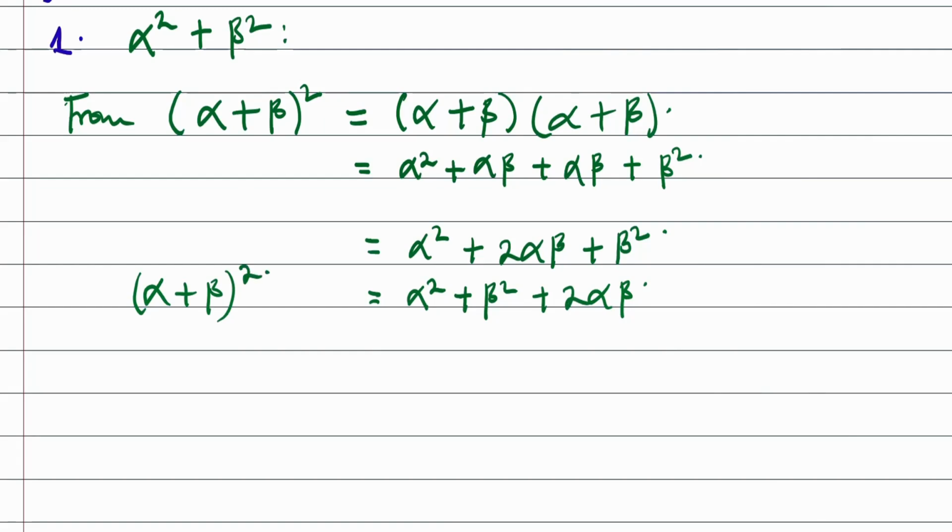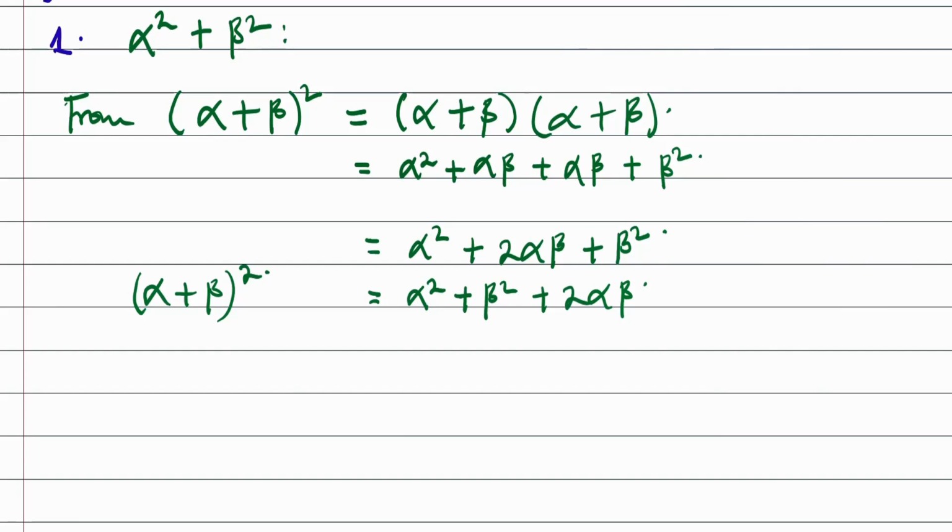We want to get alpha squared plus beta squared, which is on the right hand side here. That means if we take this one here to the left hand side, we shall remain with alpha squared plus beta squared, which is our expression, and it's going to have the sum and product of the roots.